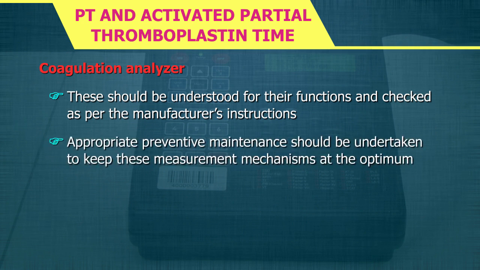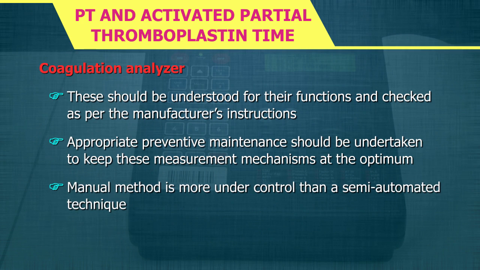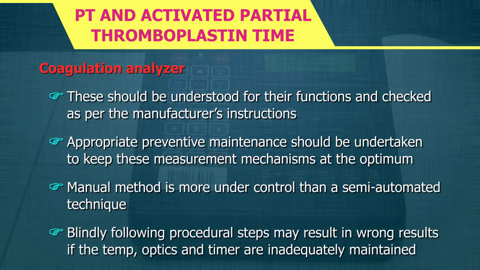Appropriate preventive maintenance should be undertaken to keep these measurement mechanisms at the optimum. A manual method is more under control than a semi-automated technique unless you can check out the above. Blindly following procedural steps may result in wrong results if the temperature, optics, and timer are inadequately maintained.